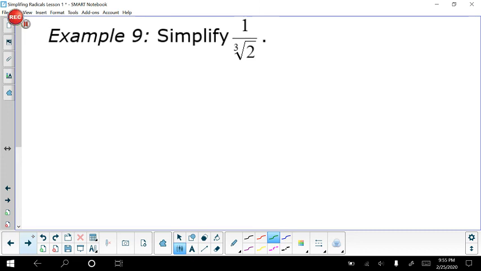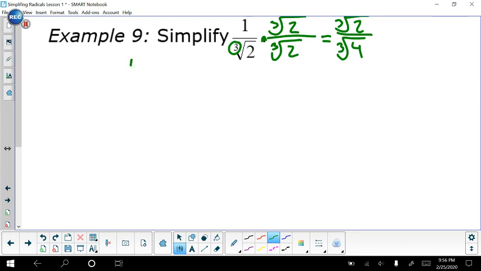Example 9 is a little unique because we have an index of 3. That's going to change some things up because we're going to start off with multiplying by the third root of 2 in the numerator and in the denominator. Okay, so when we do that, we would end up with the third root of 4 in the denominator, and the third root of 2.